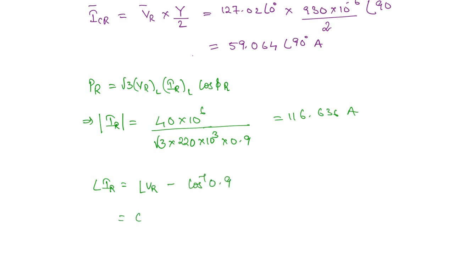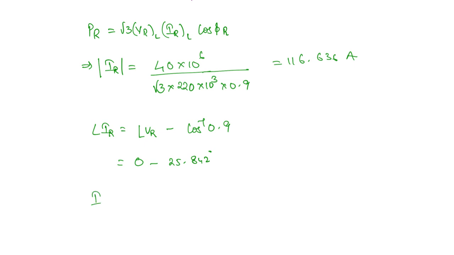So this is going to be 0 minus cos inverse 0.9, you will get 25.842 degrees. So from here you can get the current phasor: magnitude is 116.636, angle minus 25.842 degrees. This is in amperes.